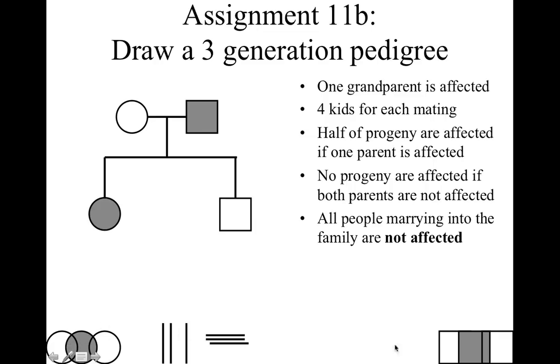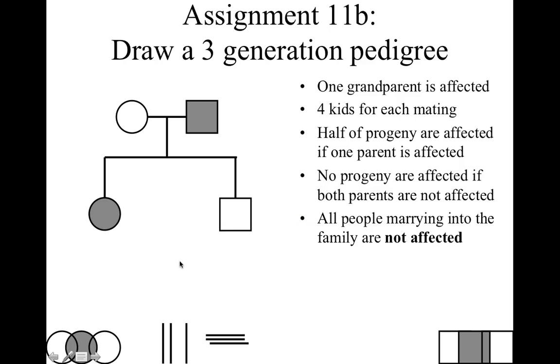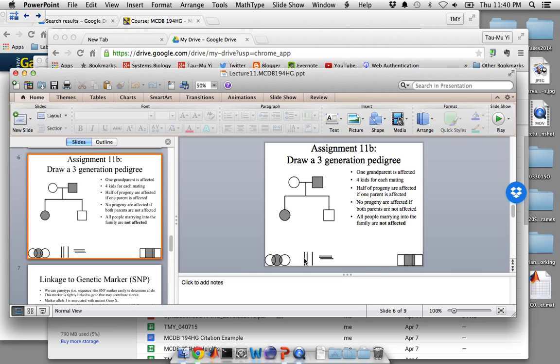You can use these circles and lines and squares that I've collected at the bottom to draw the pedigree. So for example, if you just wanted to add in another generation, you could simply move around these squares and circles like that.